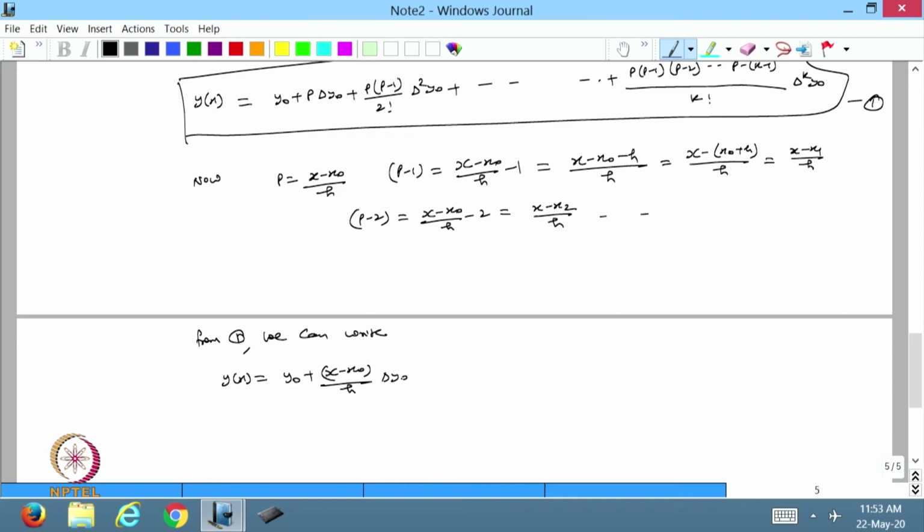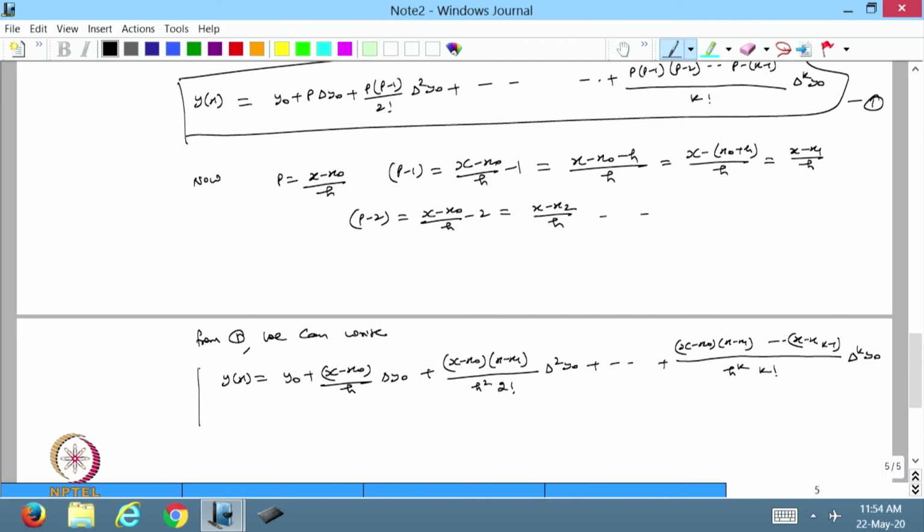(x minus x naught) by h del y naught plus (x minus x naught)(x minus x 1) by h square into 2 factorial, and in the end I can write this as (x minus x naught)(x minus x 1) up to (x minus x k minus 1) divided by h raised to k, k factorial, del k y naught.